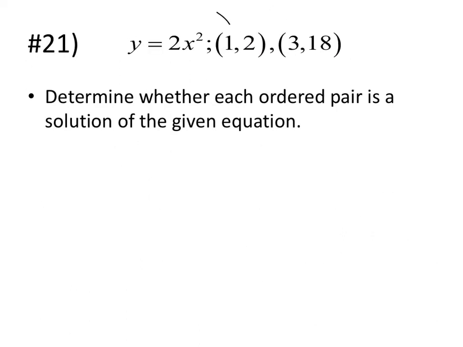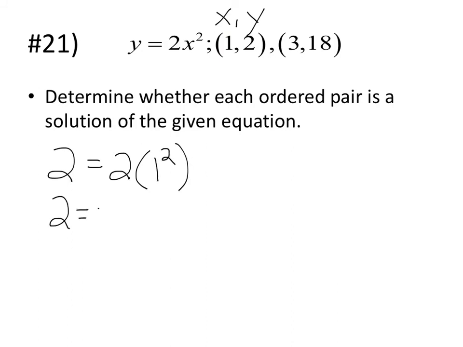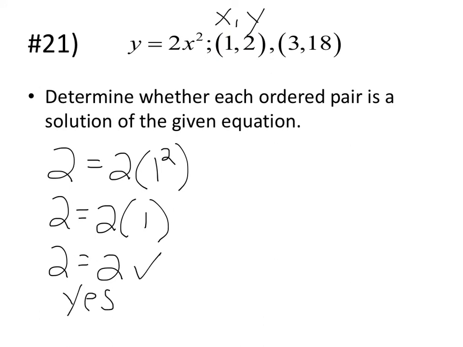Let's try this one. First we're going to try 1, 2. So x, y. Everywhere there's an x, we're going to put a 1. Everywhere there's a y, we're going to put a 2. So we have y, in this case is 2, equals 2 times x squared, so times 1 squared. So 2 equals 2 times 1 squared, in this case is just 1. 2 equals 2, so yes, that is true. So 1, 2 works.